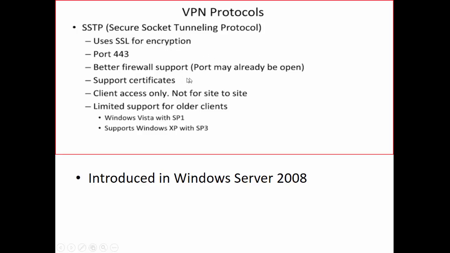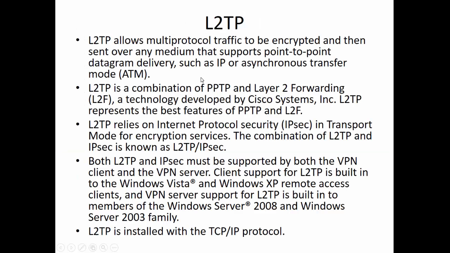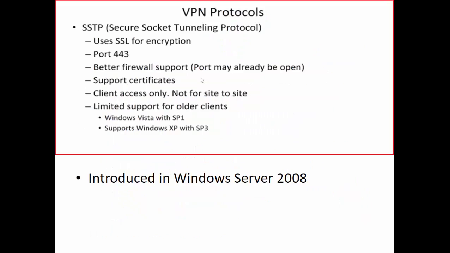Okay, better firewall support. Port may be open already. For other protocols, you might be fighting with your security team or your firewall administrator to please open those ports. 443 is always open. Why? Already open because of HTTPS traffic, right?